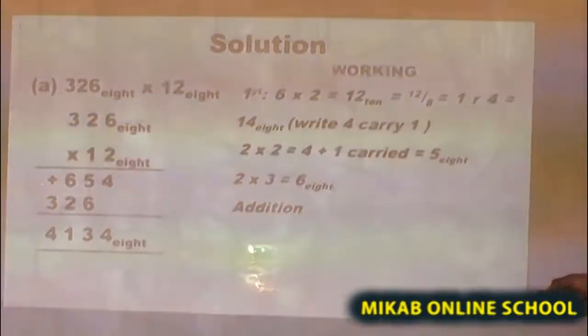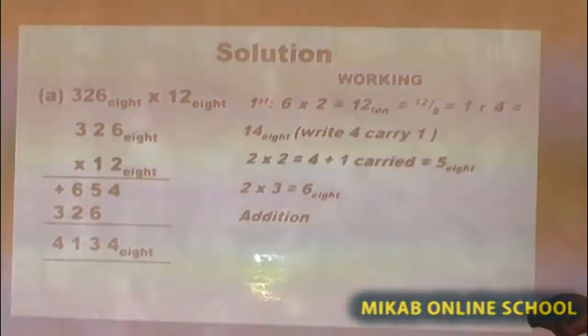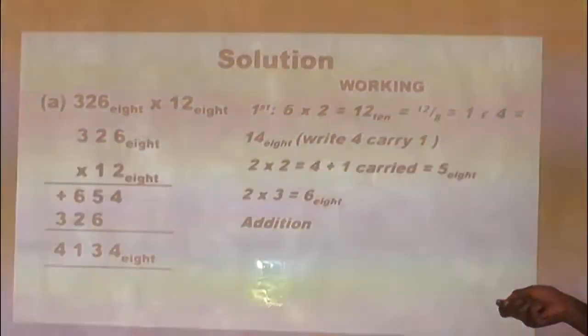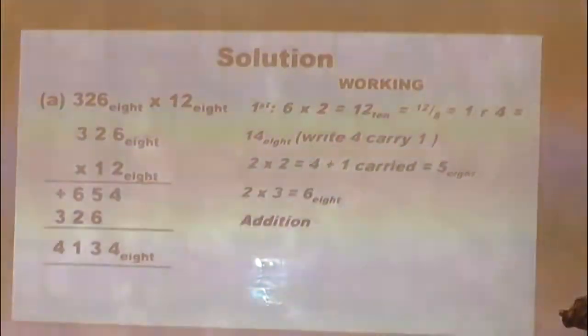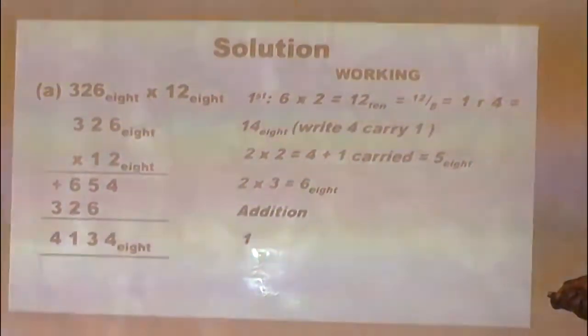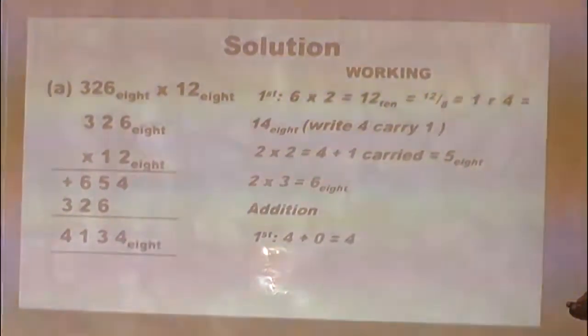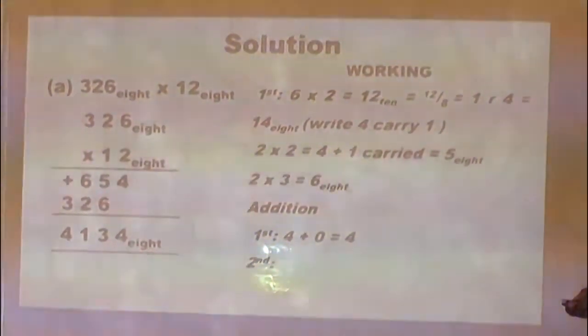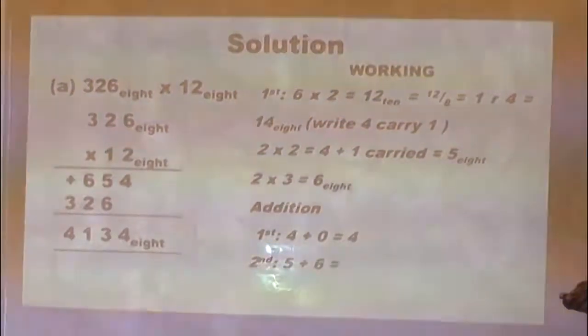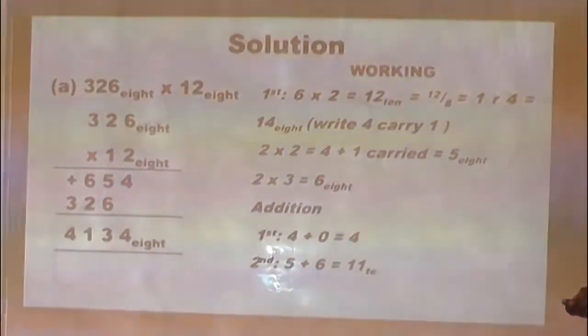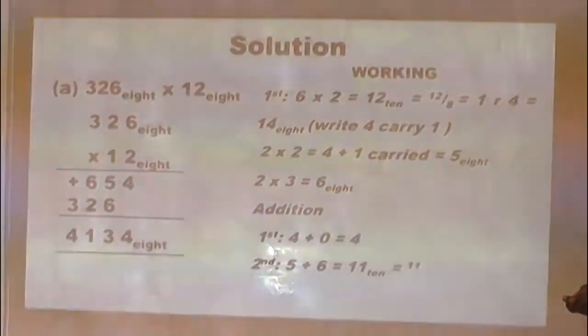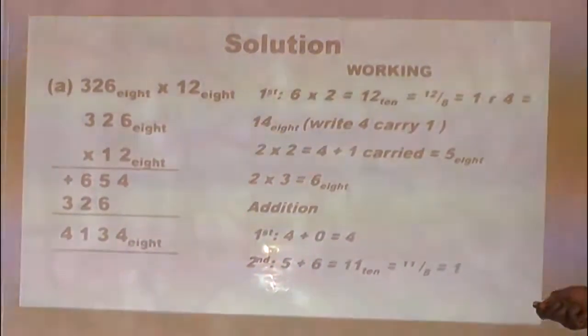So we proceed, just like our normal long multiplication, and we add. Here we have 4 plus 0, which gives us 4. And 5 plus 6 gives 11, which is already more than 8.